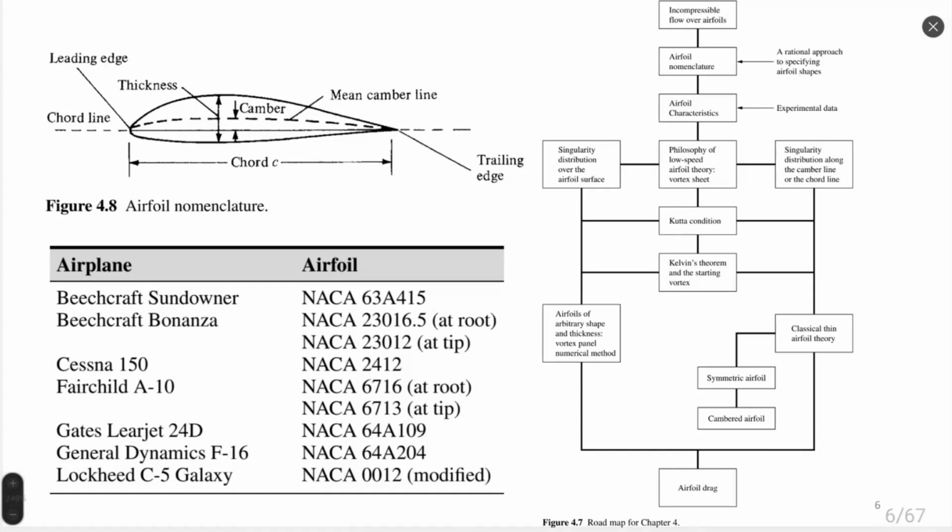For example, these airfoils here, 2412 and 0012, both have the same 12 at the end. It means 12% thickness of chord. So we see that this thickness is defined inside the number. And 24 is saying to us where the maximum camber of the airfoil is.